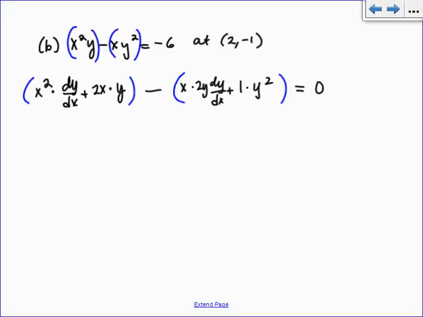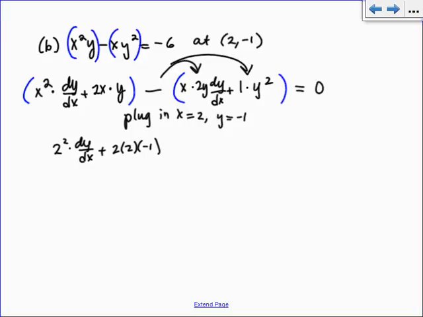So again, we have a certain point. So don't waste time solving for dy over dx when you can just start plugging in numbers. Okay, so we're going to plug in x equals 2 and y equals -1. So I have 2 squared times dy over dx plus 2 times 2 times -1. I'm going to distribute the negative into both.